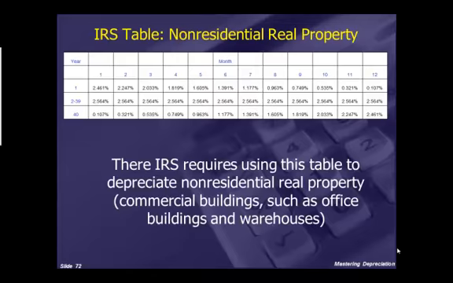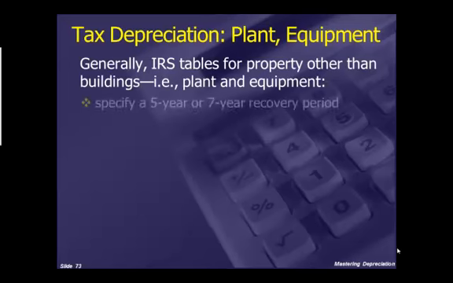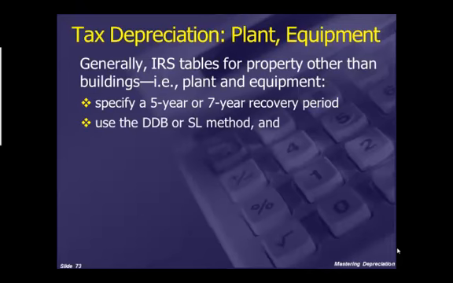All right, so we're looking generally at IRS tables for property other than buildings, plant, and equipment, for example, they specify a 5-year or a 7-year recovery period for personal property. And we either use the DDB, the double declining balance, or the SL straight line method.